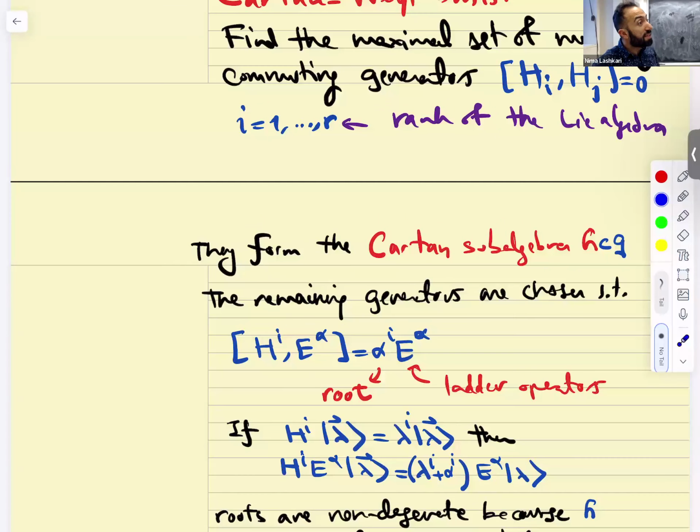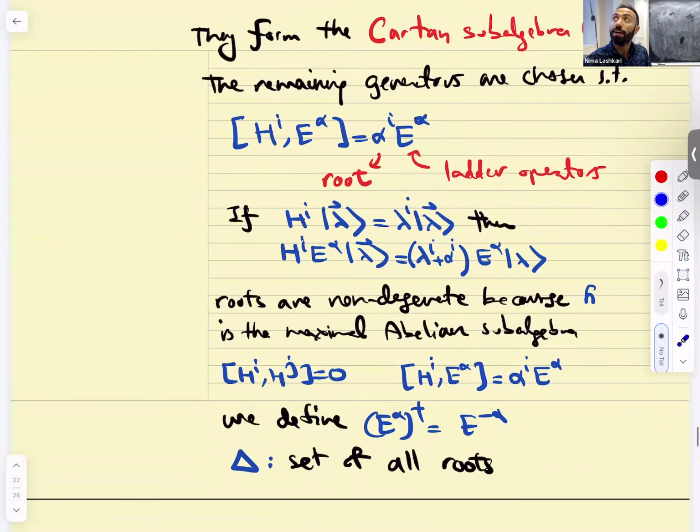But then that means that you didn't pick the maximal abelian subgroup. Because the Cartan is the maximal abelian subgroup, the roots alpha are always going to be non-degenerate.